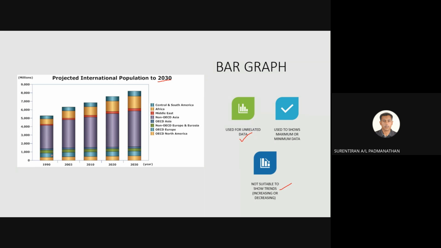So from here, you cannot identify whether it is increasing or decreasing. It's very difficult to identify. For this category, you cannot say this is increasing or decreasing. For this one, you can say you can see some increment in the population. So this is how it is with a bar graph.